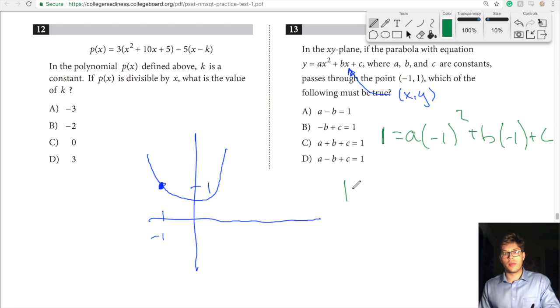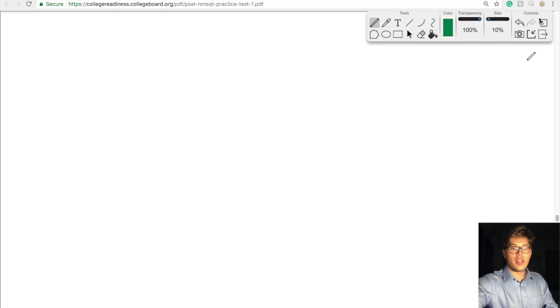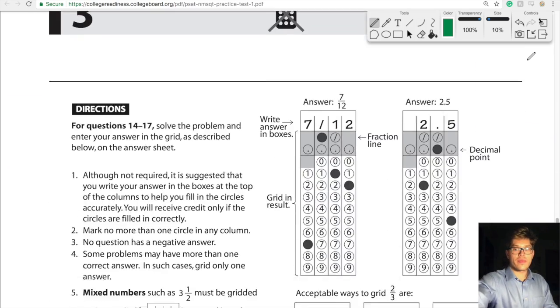So what does that equal? 1 equals -1 squared is +1, so this is just positive a. b times -1, this is going to be -b, then plus a positive c. Oh, and look at that. That is choice D. Very nice. Okay, let's go on.